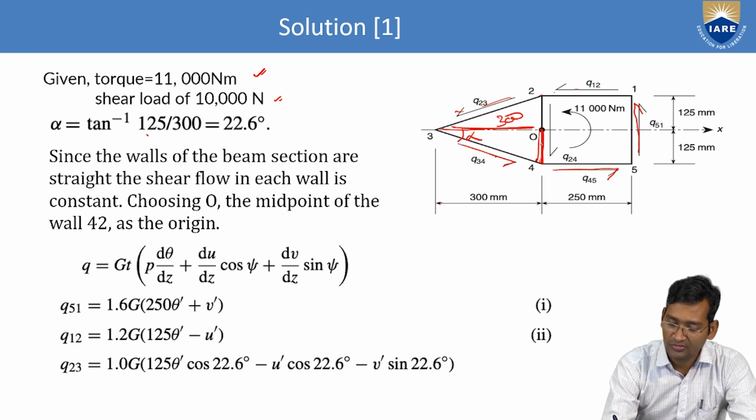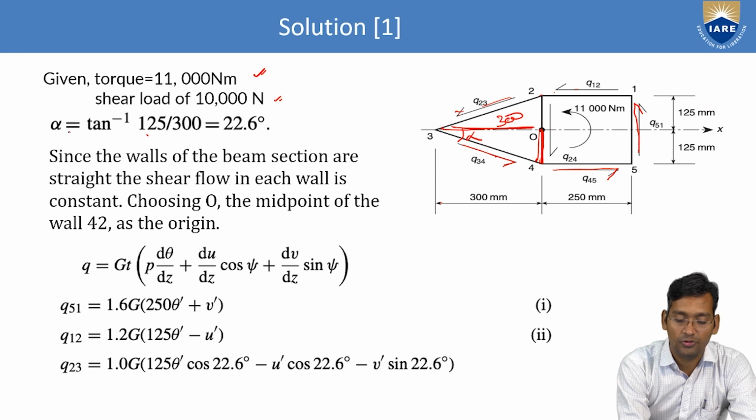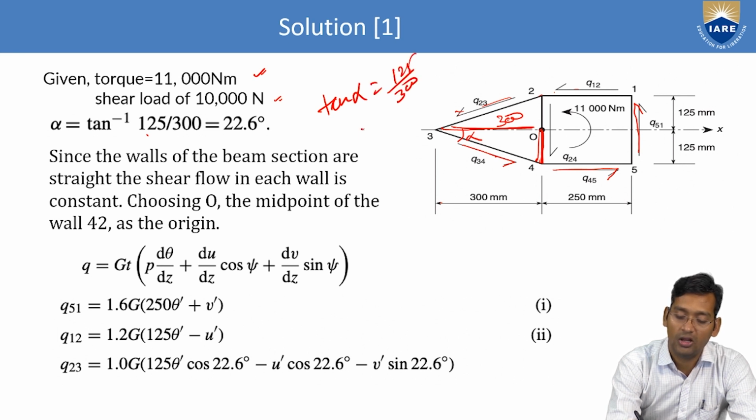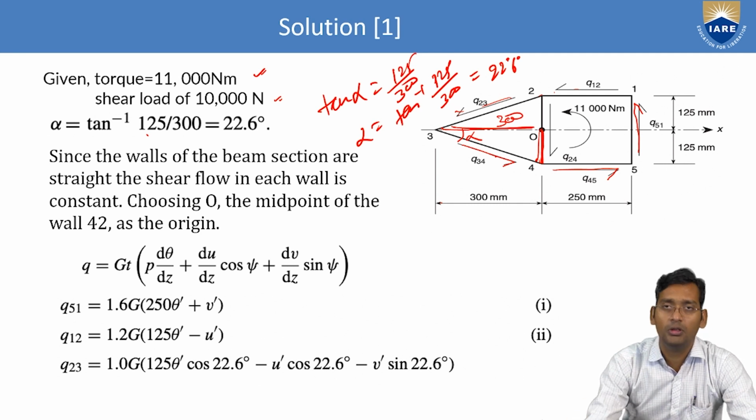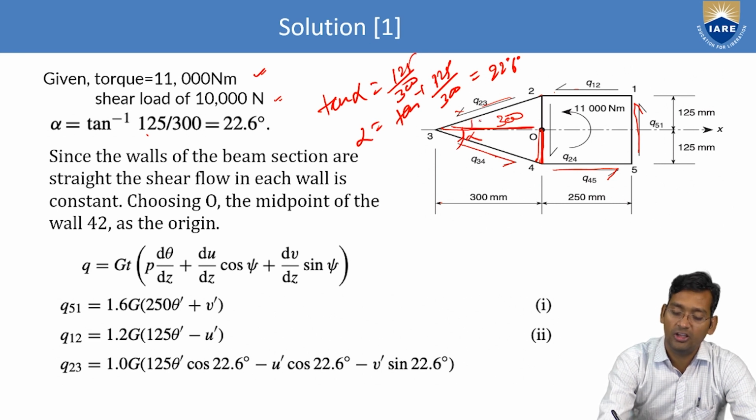So tan alpha equals 125 by 300. So alpha equals tan inverse of 125 by 300. That gives 22.6 degrees. Okay, so now we found the angle of this one, and on this side also it will be the same, 22.6.